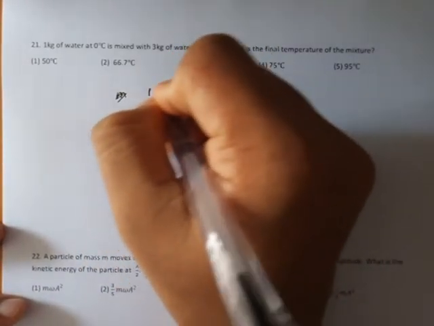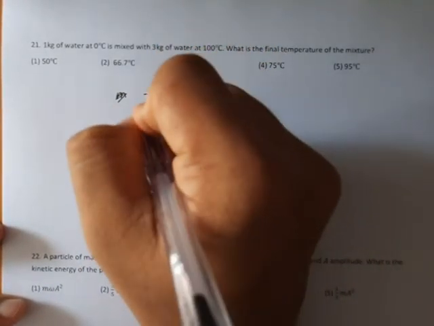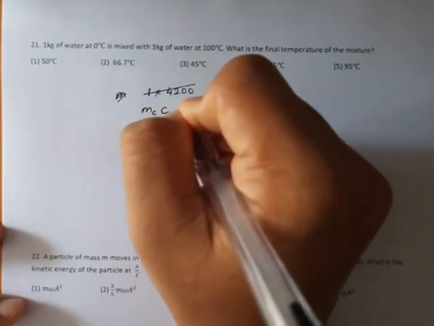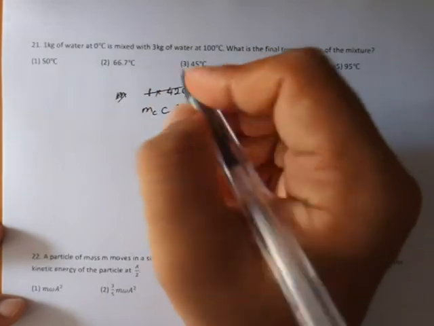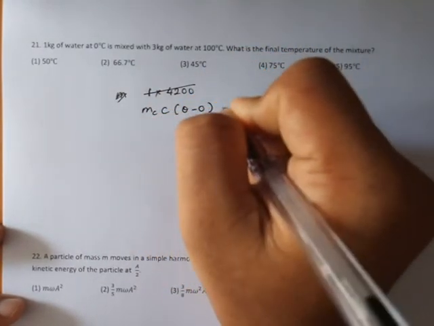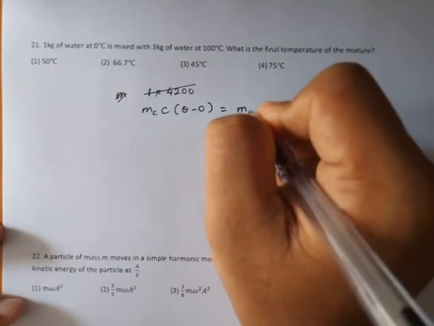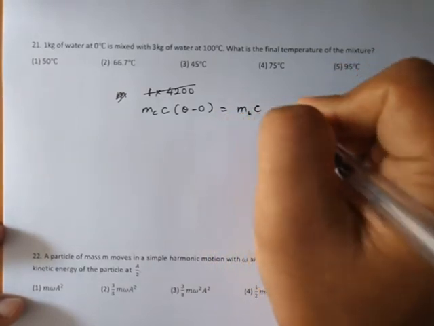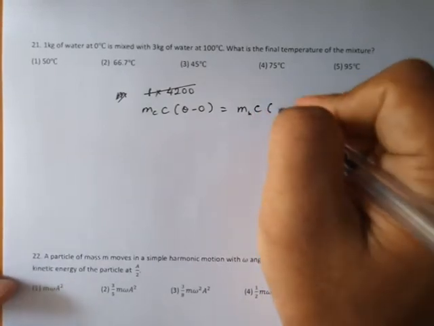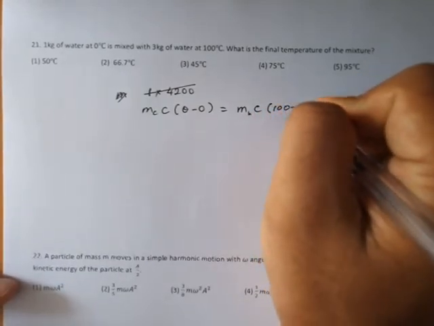I will first write it down in equation form. So this is m cold, cold water, c delta theta. Let's say the temperature increases to theta from 0, is equal to m hot, c of water again, and the temperature decreases to theta from 100, so 100 minus theta.